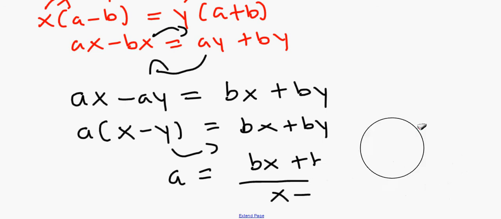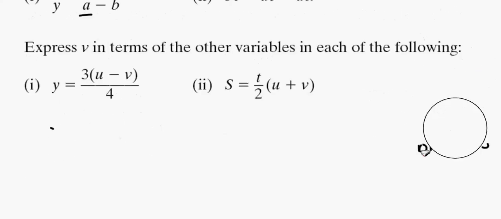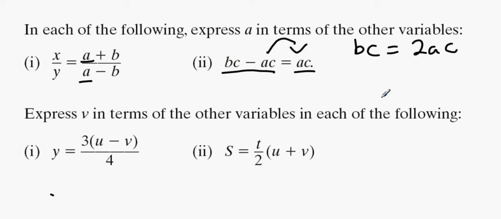Next one. The next one we're doing is this one here: b minus ac equals ac. So what we're going to do is bring the ac over to the other side, and we're going to get bc equals 2ac, or the same thing as 2ac equals bc.